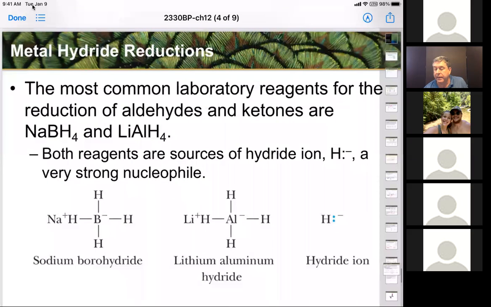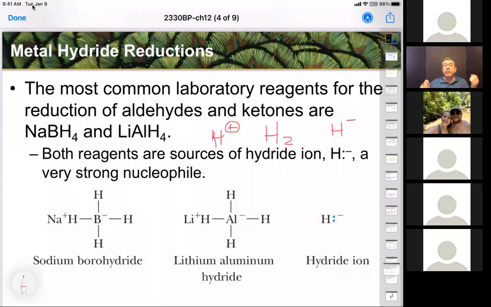If we have hydrogen with no electrons around it, it's hydrogen plus, which never happens on its own; it's always in a complex, like the hydronium ion. If we have a hydrogen with one electron, it's elemental hydrogen, and it usually dimerizes to form neutral diatomic hydrogen. What if you have two electrons? You fill that s orbital, and it has a negative charge. That is our hydride ion, a negatively charged hydrogen with two electrons on it.